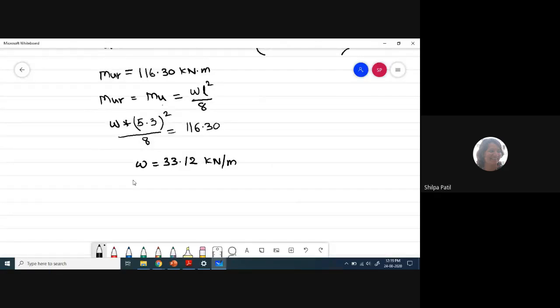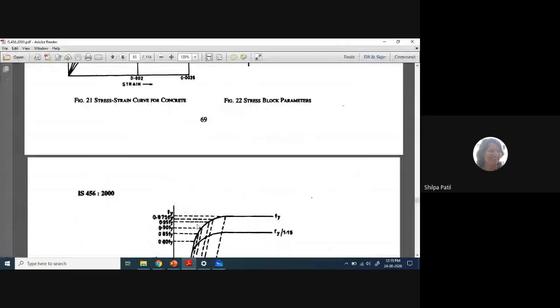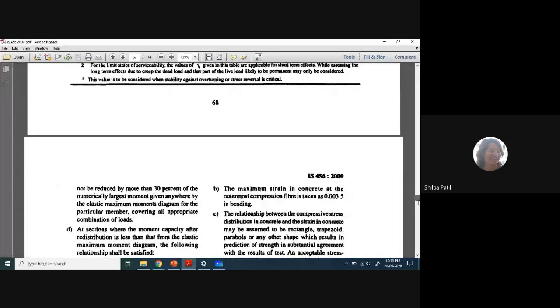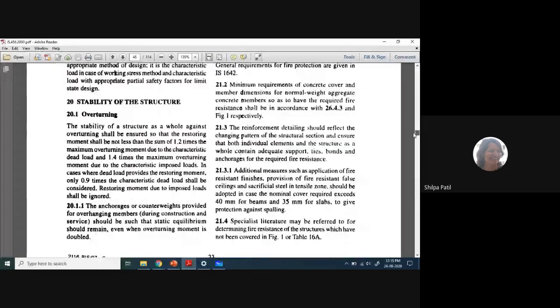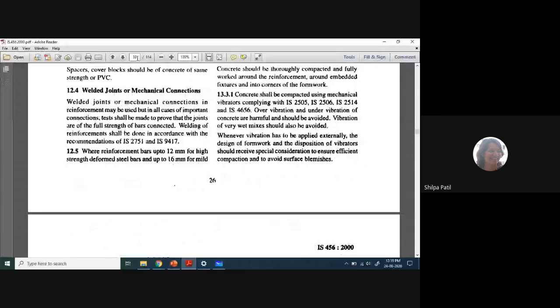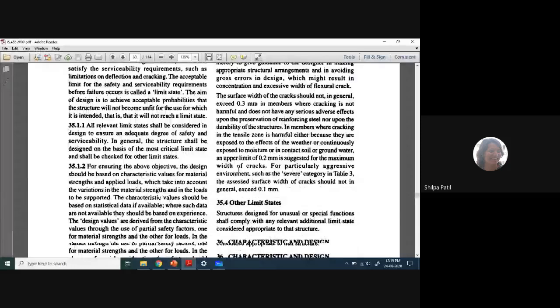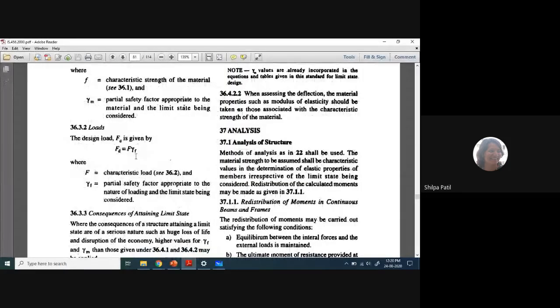If I go back to your code, see here in the code, we already discussed the partial safety factor and the characteristic strength values, right? Here for loads, we calculate the design load by applying a partial safety factor of gamma F to the actual load, characteristic load, or it is also called a working load.